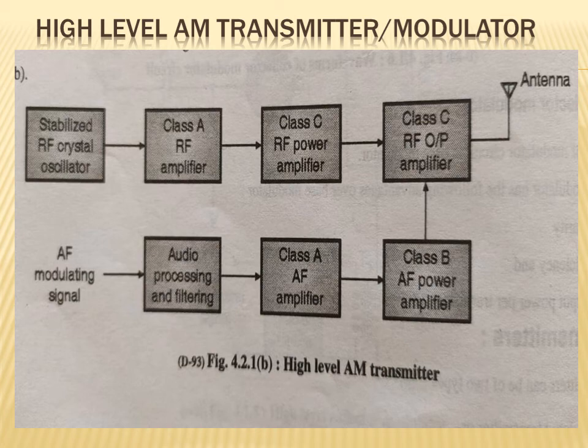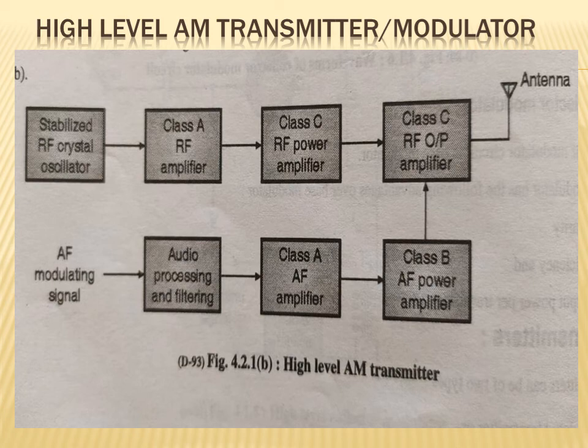Then it is given to the class C RF output amplifier, which acts as a modulator. Similarly, the AF modulating signal is given to the audio processing and filtering, which removes the effect of noise. Then it is amplified using the class A AF amplifier. Next, it is given to the class B AF power amplifier, which increases the power level of the signal. So this is the explanation for the high level modulated transmitter.